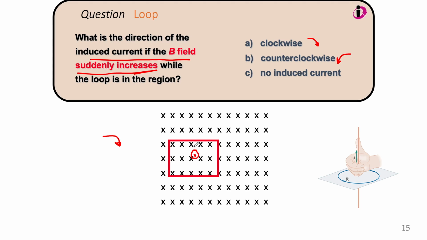To get induced magnetic field lines out of the page, let's imagine that you are grabbing this part of the wire. Use your second right-hand rule. If you want your fingers to curl out of the page here, your thumb should be in the up direction. So what you find is the current should be counterclockwise. The induced current should be counterclockwise.